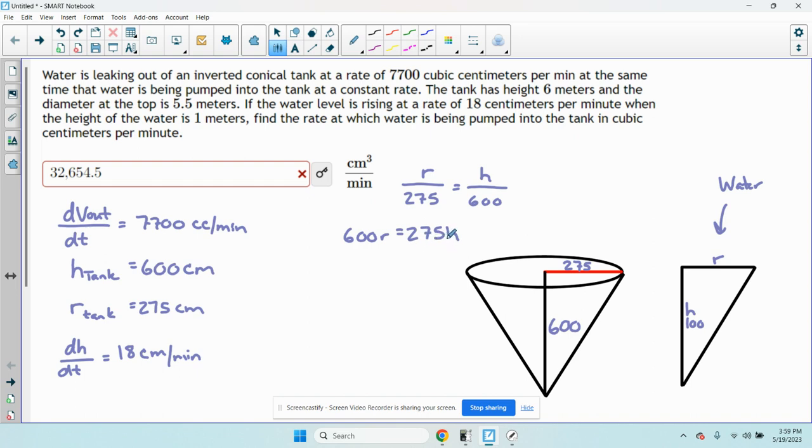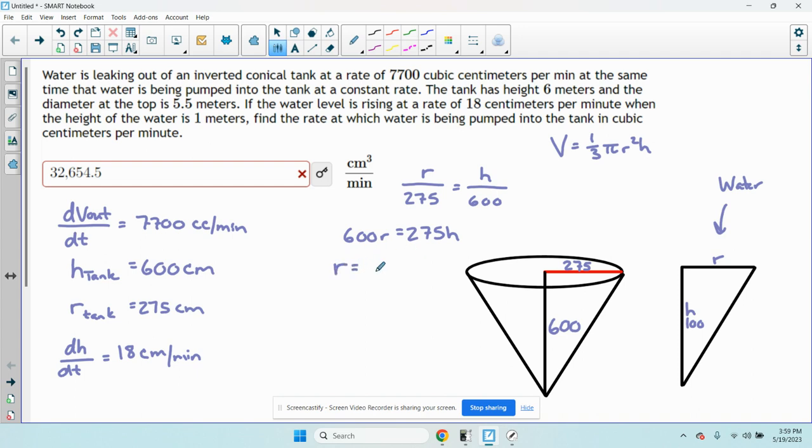I'm going to solve this thing for R, so then I can replace R in my formula for volume of a cone. Volume equals 1/3 pi r squared h. I'll replace R with something so that when I differentiate this formula, I'll only be left with dH dt and h's. So solving for R, I divide both sides by 600.